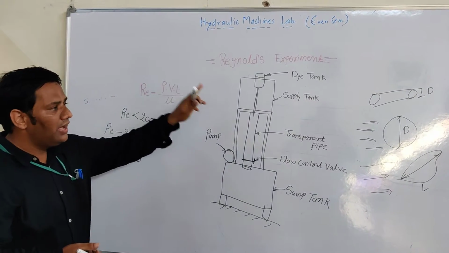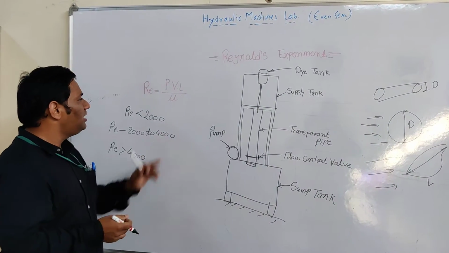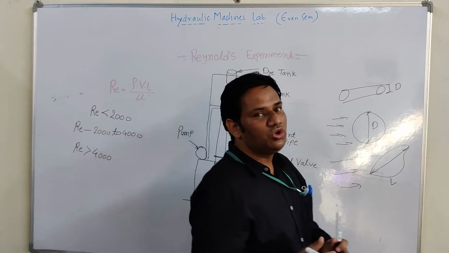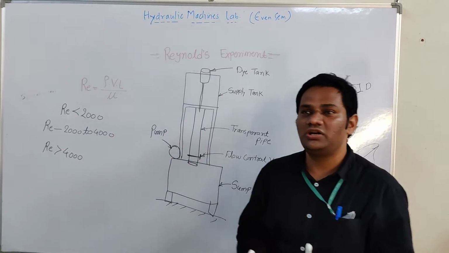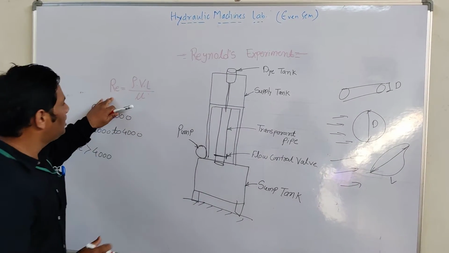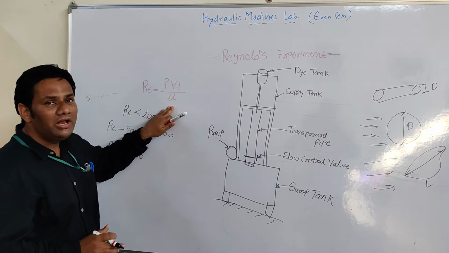L is nothing but the diameter or any length of the obstacle, and mu, we all know, is the coefficient of viscosity. That value is constant and is already given in the experiment. So this is the Reynolds number formula, rho v L or D divided by mu.